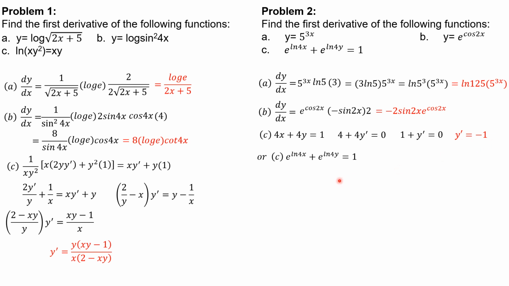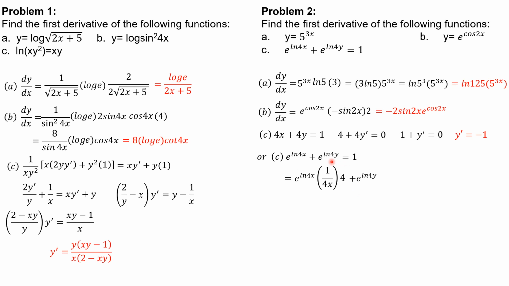Then, the second solution, we just evaluate the derivative of the original terms. So, this is e to the u. So it's just like e to the ln of 4x. Then the derivative of ln of 4x is 1 over 4x times the derivative of 4x, 4. So e to the ln of 4x times quantity 1 over 4x times 4.